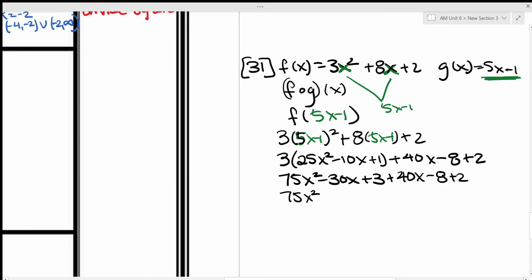That's a negative 30 and a positive 40, giving me a positive 10x. And then I have a 3, a 2, and a negative 8. 3 and 2 is 5, and a negative 8 makes negative 3. That is my final answer. A lot of steps, huh?